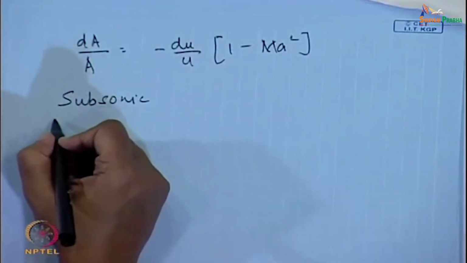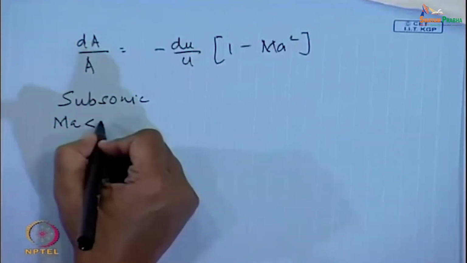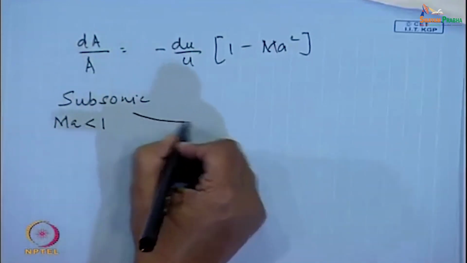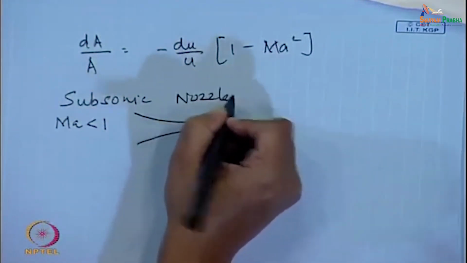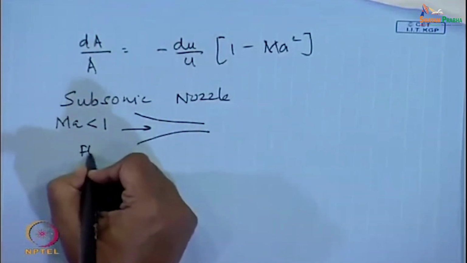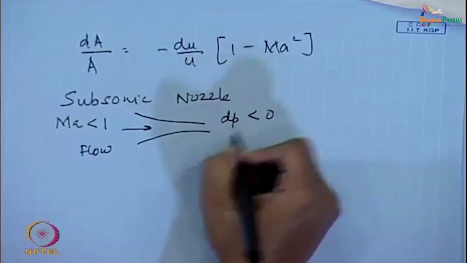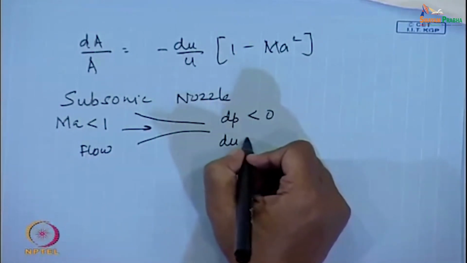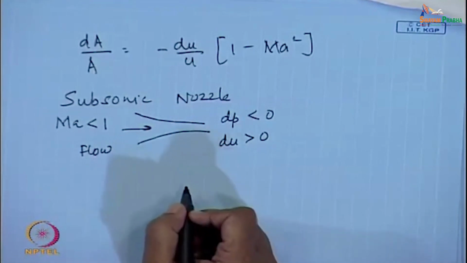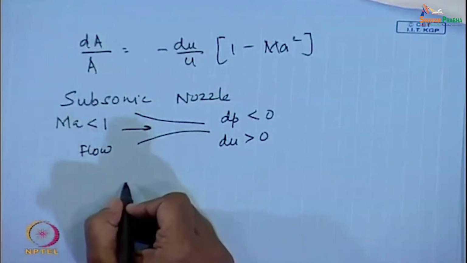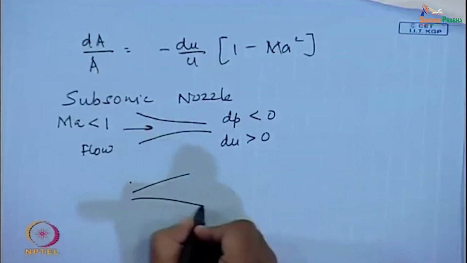if Mach number is less than 1, then what happens? The nozzle will be something of this sort. Flow occurs in this direction. For this case, we know dP less than 0 and du greater than 0, is it not? And what about a diffuser? A diffuser will be something of this sort.